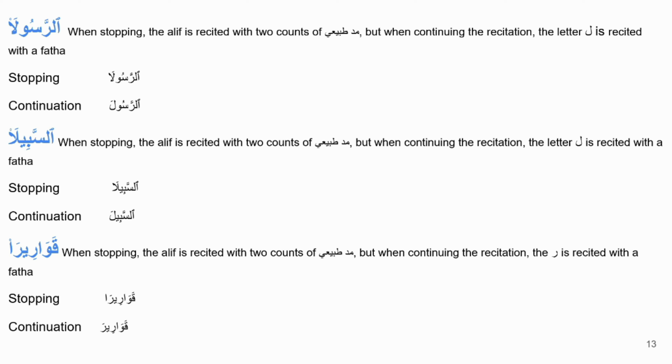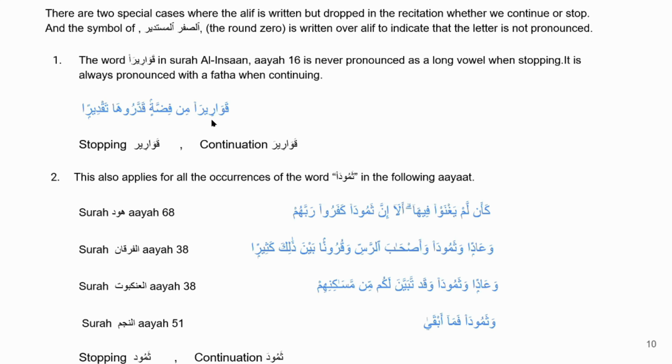The next word, qawarira, which appears in Surah Al-Insan, ayah number 15, has a different rule for alif than the word that appears in ayah number 16 of Surah Al-Insan. And we have discussed that word while mentioning the two special cases where Sifar Mustadir appears on alif.